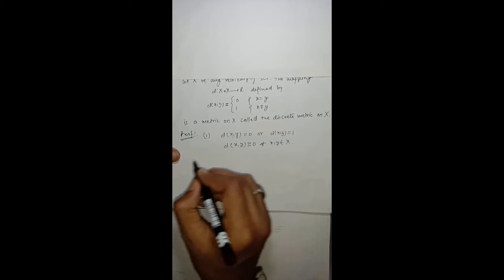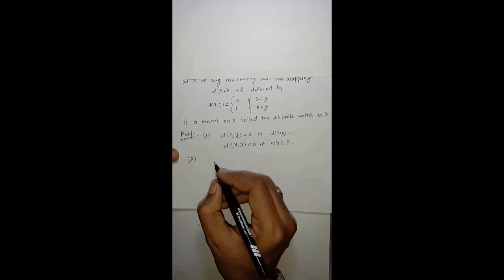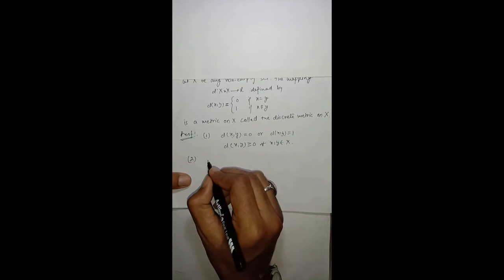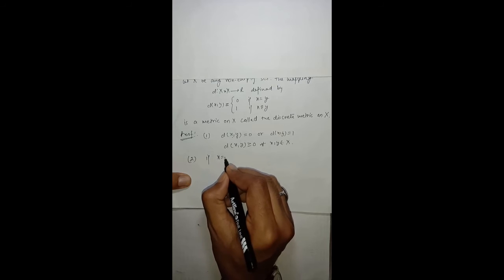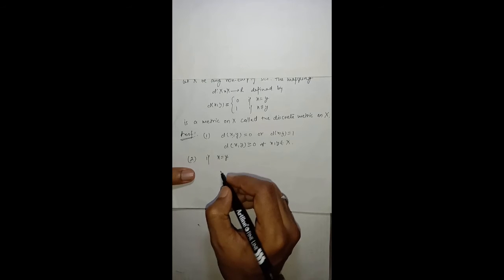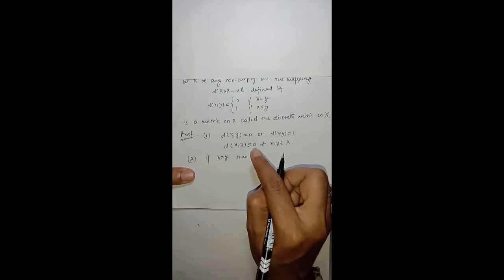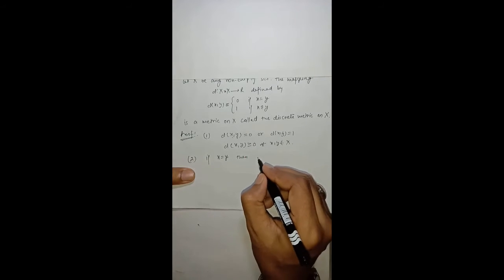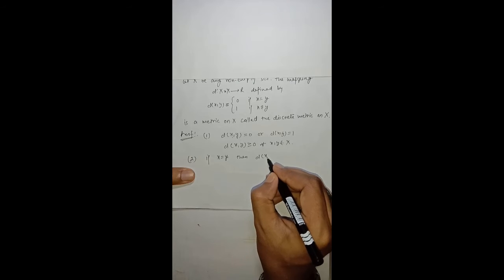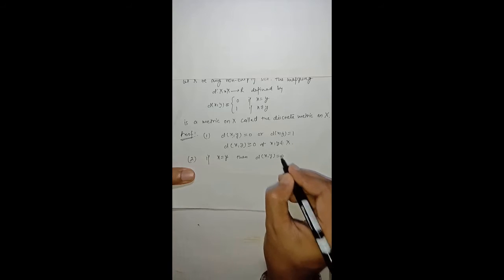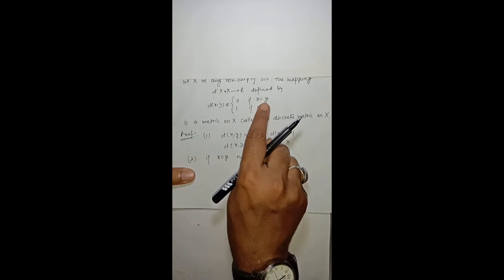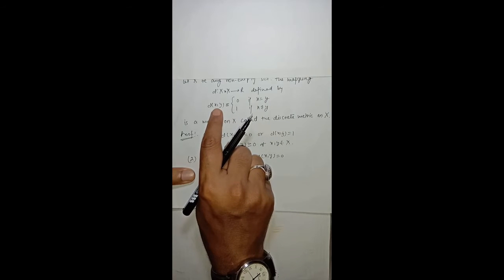Now the second one, if x is equal to y, then by the definition of d, we have d of x comma y is equal to 0. We know that if x is equal to y, then the distance is 0.